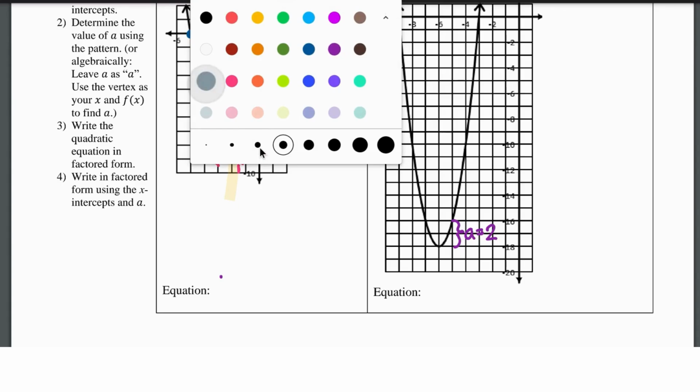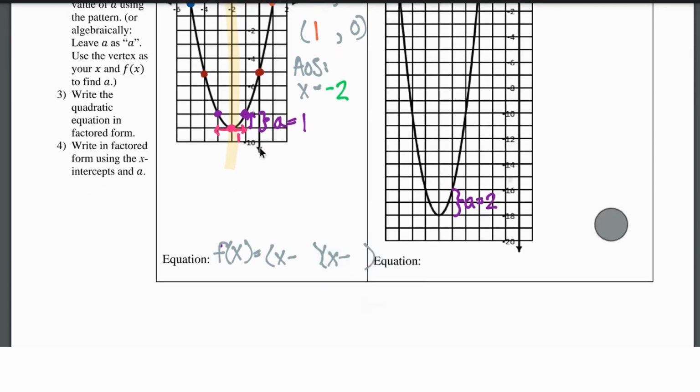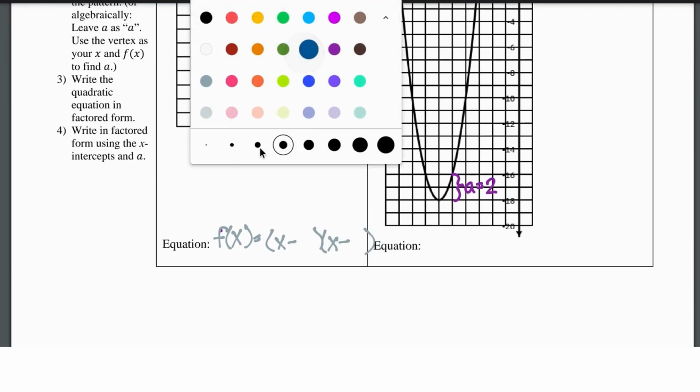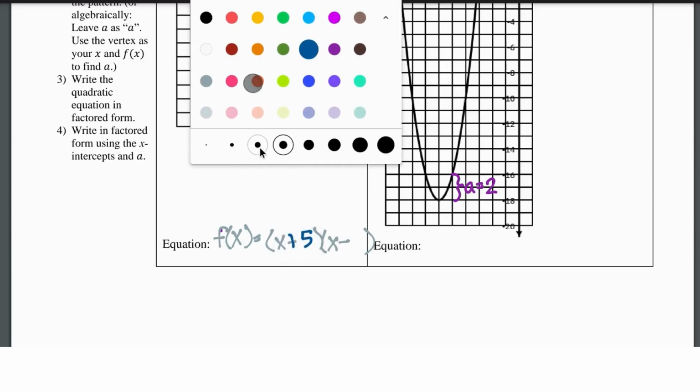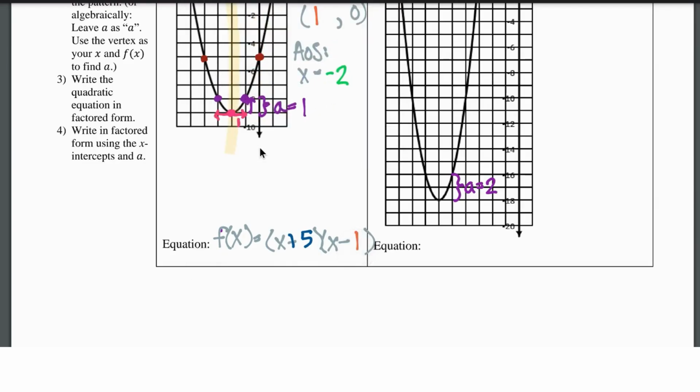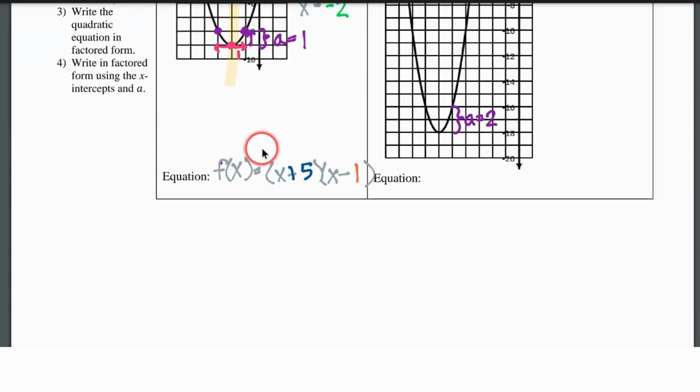And so for our equation, we're going to write f of x equals, when a is 1, we don't write that number in front. Remember, it's always x minus each x-intercept. So if my x-intercept is at -5, I'm going to have an x plus 5 as one factor. And the other one was at +1, so I'm going to have an x minus 1 as the other factor. Okay, so my a value is 1. I don't write it in that equation.